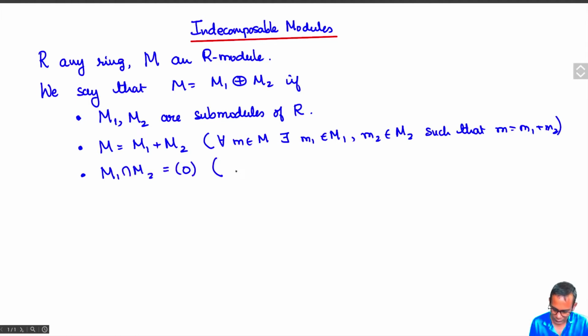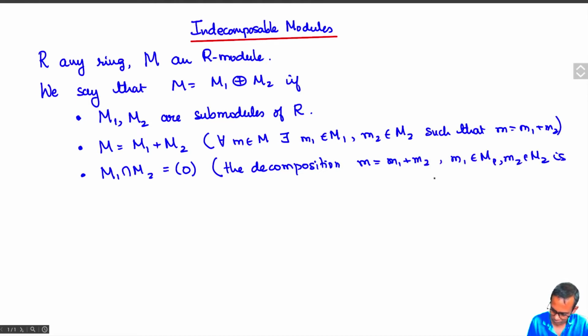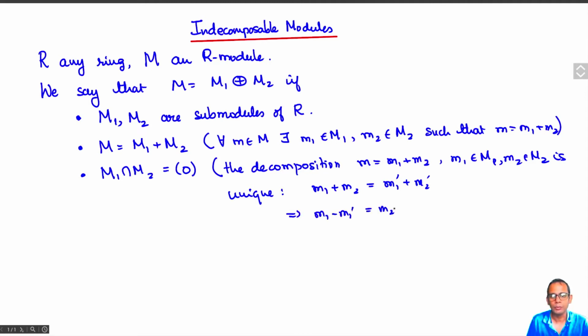And this is equivalent to saying that the decomposition M equals M1 plus M2 is unique. Let me explain why, since it's quite simple. Suppose we have m1 plus m2 is equal to m1 prime plus m2 prime, then this implies that m1 minus m1 prime is equal to m2 prime minus m2.